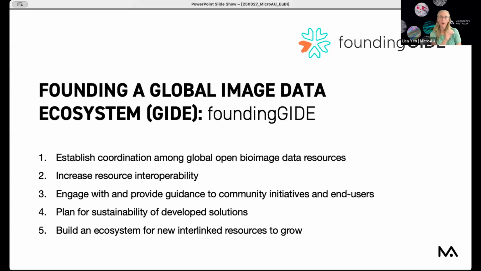How do we best support the community and end users, so that metadata and data management builds sustainability and interlinking right from the beginning? This is something we're really delighted to be involved in.